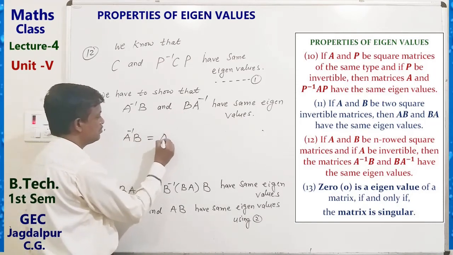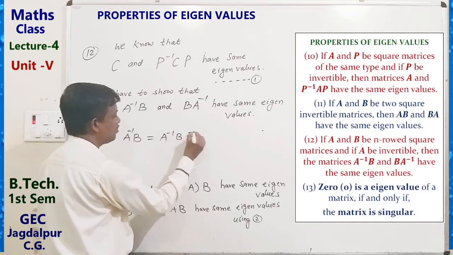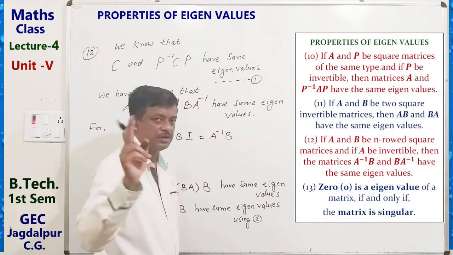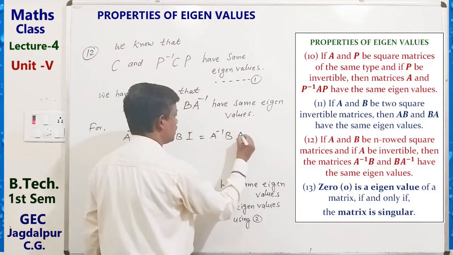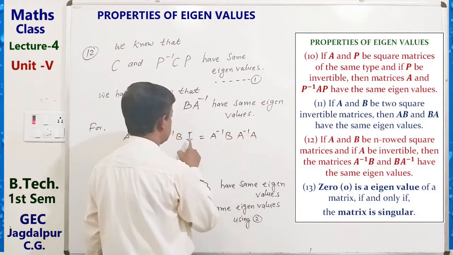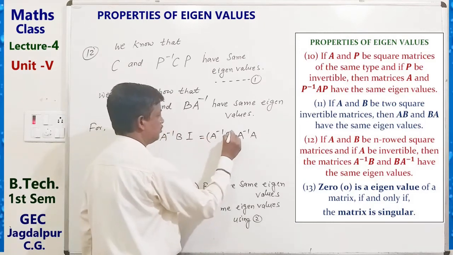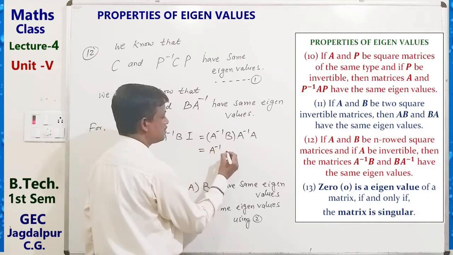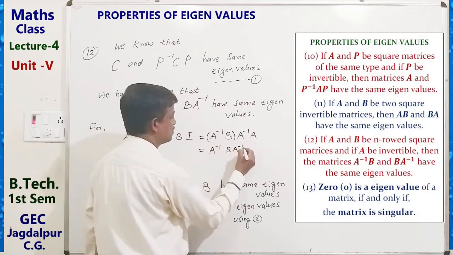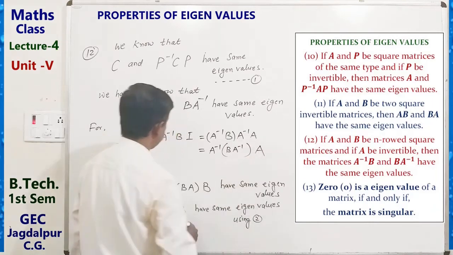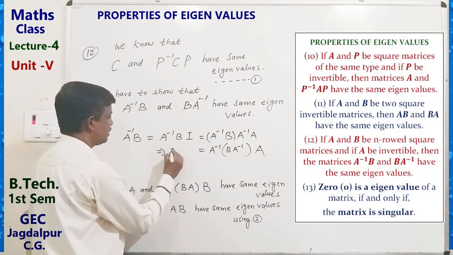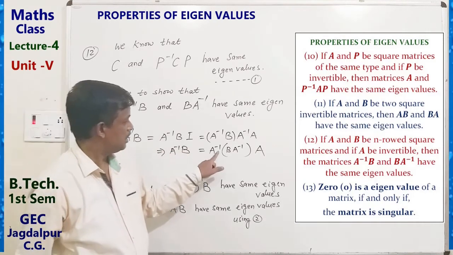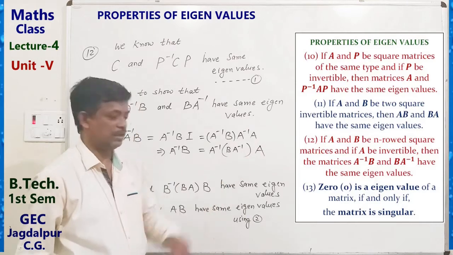A inverse B equals A inverse B into I. Because A is invertible, A inverse exists, so we can write A inverse A in place of I. By associativity we can write it as A inverse B A inverse A. So we get A inverse B equals A inverse B A inverse A.